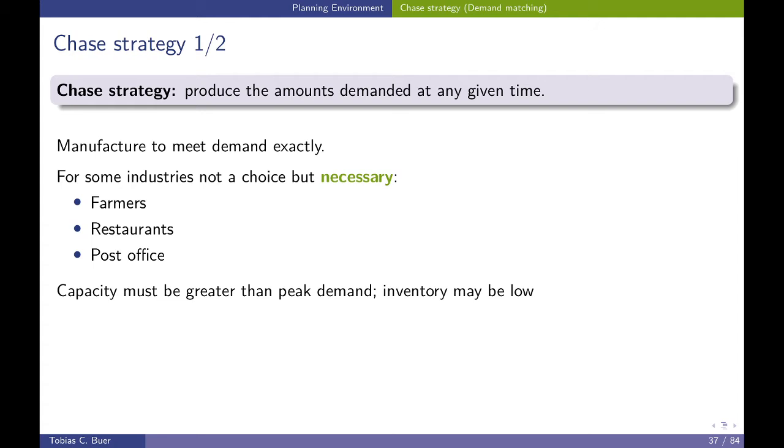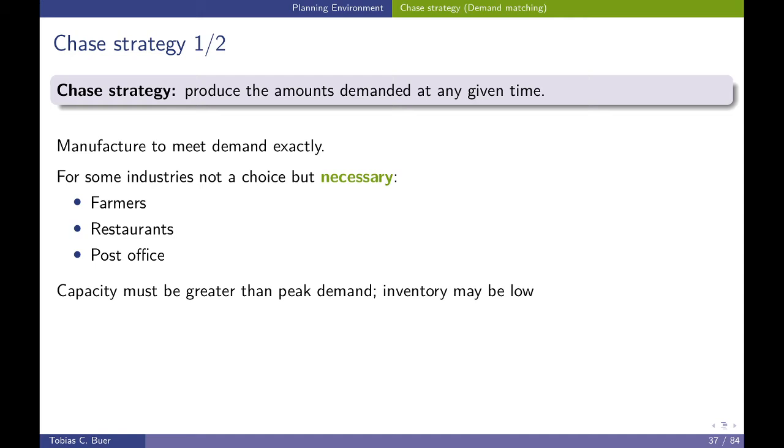In a restaurant, typically the food is only prepared once the customer places an order. So we cannot produce, at least if it's a good restaurant, our meals on stock. We cannot produce them in advance. Maybe we are able to do some preparations, but we cannot store our meals and therefore we cannot produce in advance.